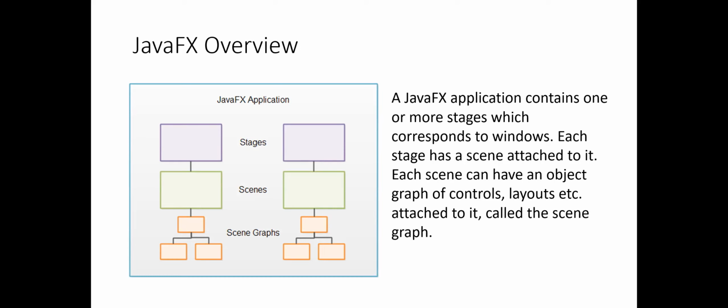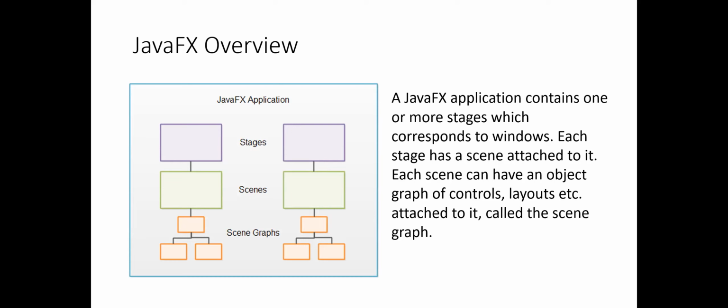If the object is a container itself, it is a tree. Otherwise, it's a leaf. So scene graph is basically where you put all these graphical user interface components.